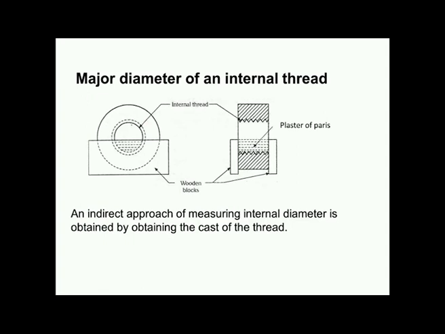Now, we have to take a replica of this internal thread. So, how do we get the replica of internal thread? You can see the arrangement. This is the workpiece with the internal thread. On both sides of this workpiece, like this, we have to keep wooden blocks, and then we have to pour either plaster of Paris or dental wax, or sulfur also can be used.